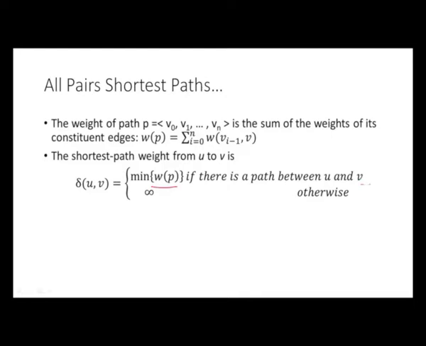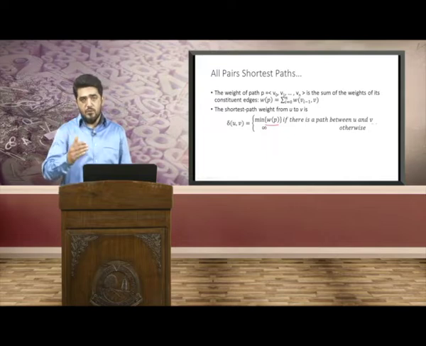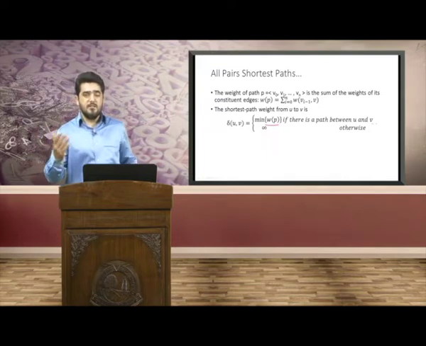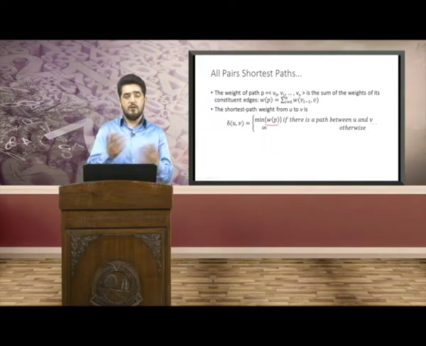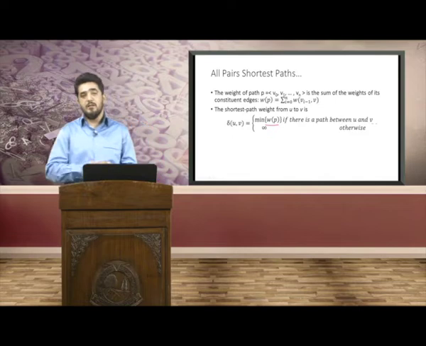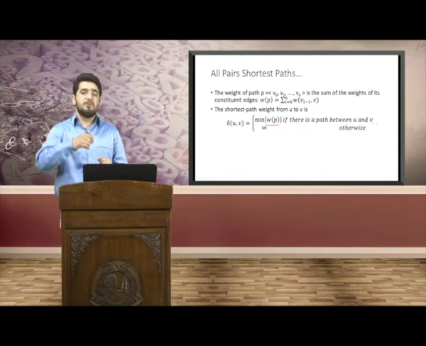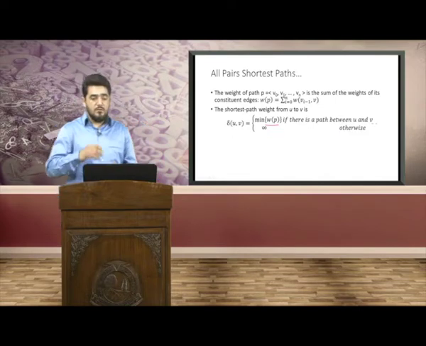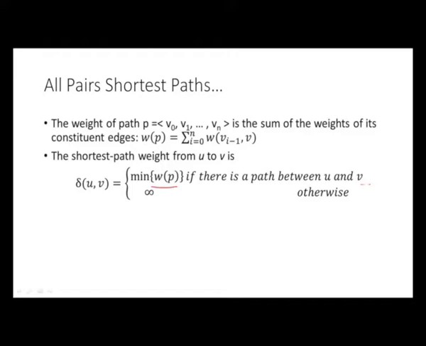It means that there may be multiple paths from vertex U to vertex V, in the directed case or in the undirected case as well. The shortest path weight is the minimum weight of all possible paths between a pair of nodes.